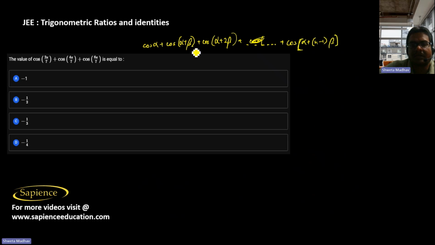When the angles are in AP, so there are n angles, then the sum is sine n beta by 2 by sine beta by 2 into cos of first angle plus last angle by 2, means 2 alpha plus n minus 1 beta by 2.